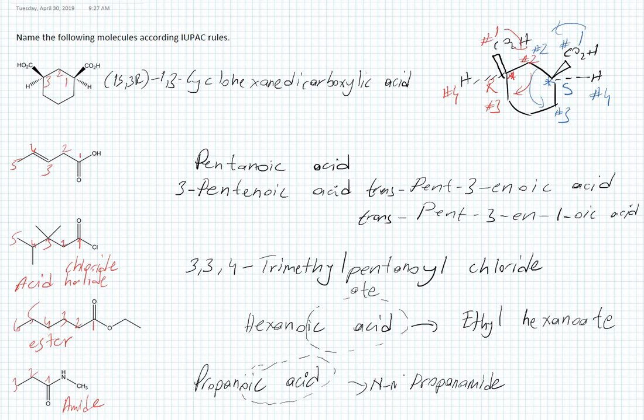So N-methylpropanamide. Let's write here a bit properly. So N as the location of the substituent, with a capital letter, N-methylpropanamide. Okay, so N-methylpropanamide is the official IUPAC name for this amide.